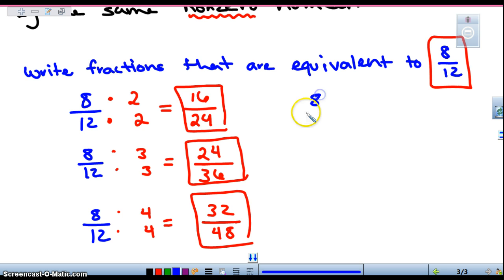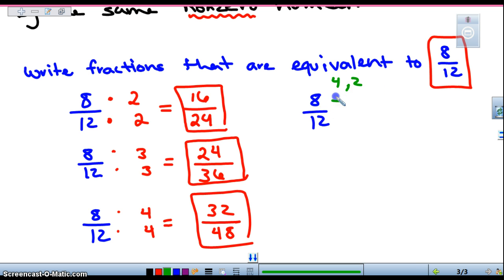If we take the fraction 8/12 and we want to divide by something to get an equivalent fraction, we can divide by a common factor. In this case, what are the common factors of 8 and 12? 4, and that's it.